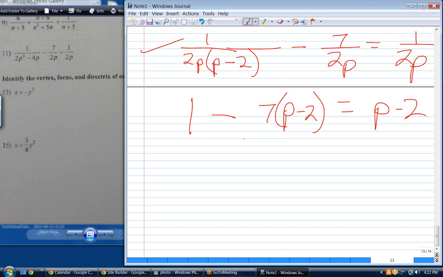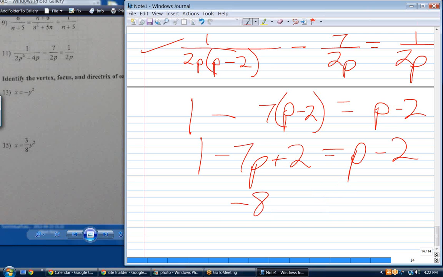Okay, so help me finish this. So it's 1 minus 7p plus 2 equals 2 minus p, and then now you just want to gather all your terms with p.